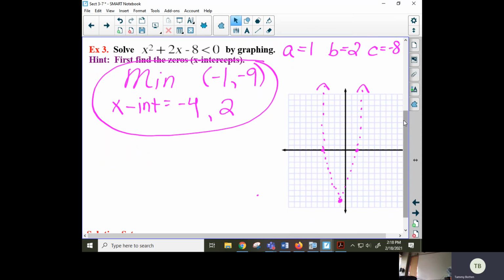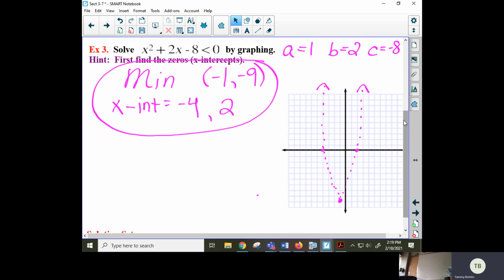Now, what happens here, once you get that graphed, is we only care what x values this is solved for. We don't care about the y's. So either this section and this section are going to work, because it's either that your middle part works or it's that the outside 2 parts work.